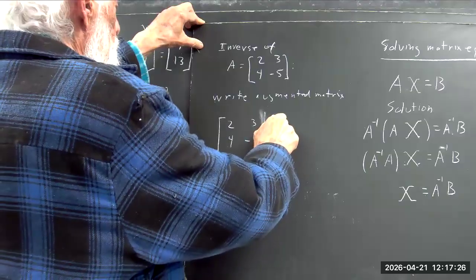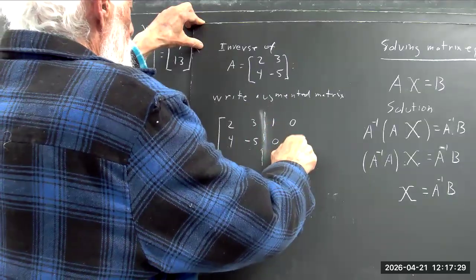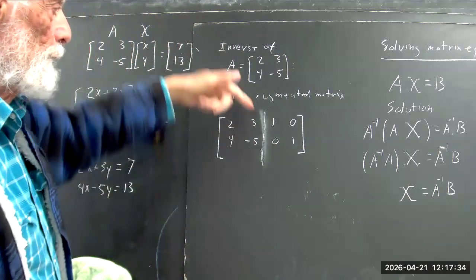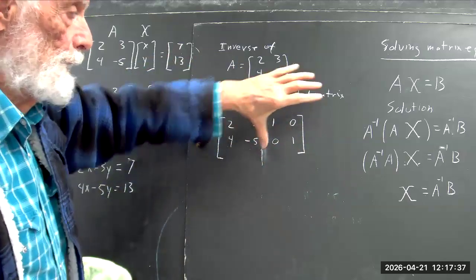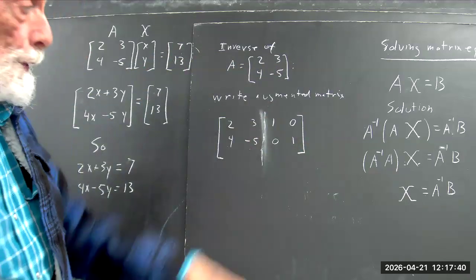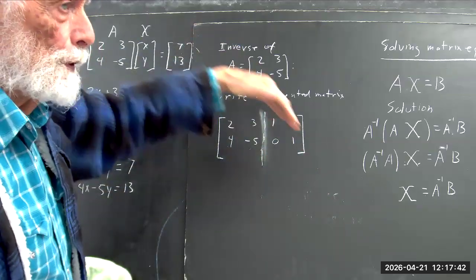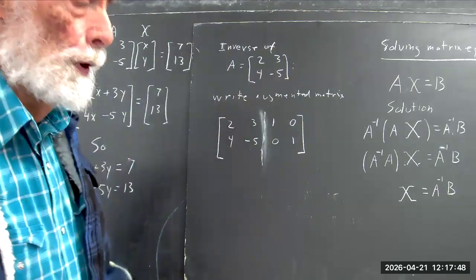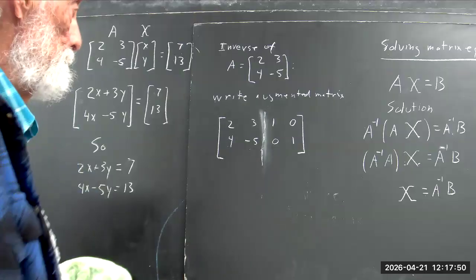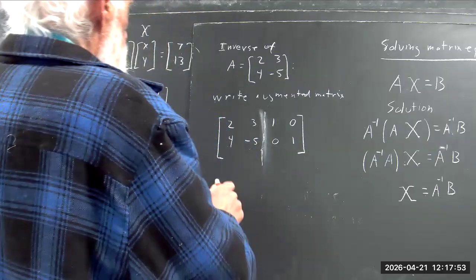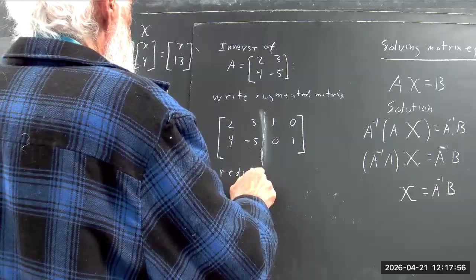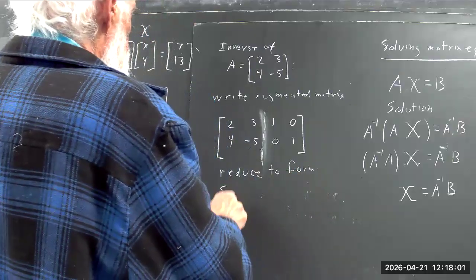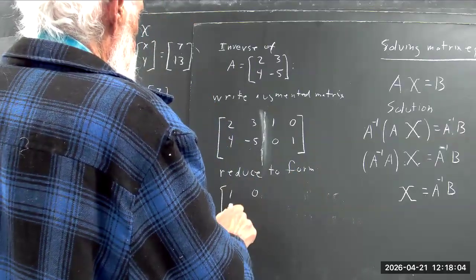Take the original matrix and augment it by the identity matrix, which has ones on the main diagonal and zeros everywhere else. So you've got ones from the upper left-hand corner to the lower right-hand corner, and everything above or below that is 0. We reduce that to the form where you have the identity matrix.